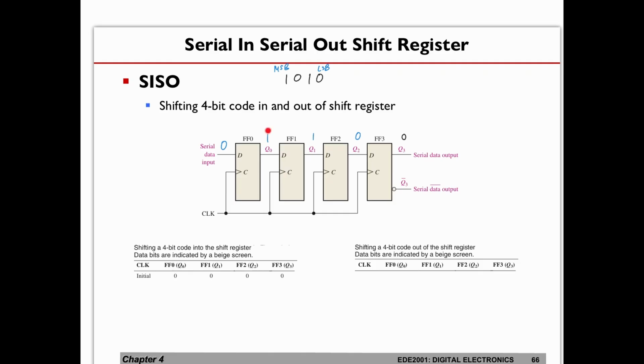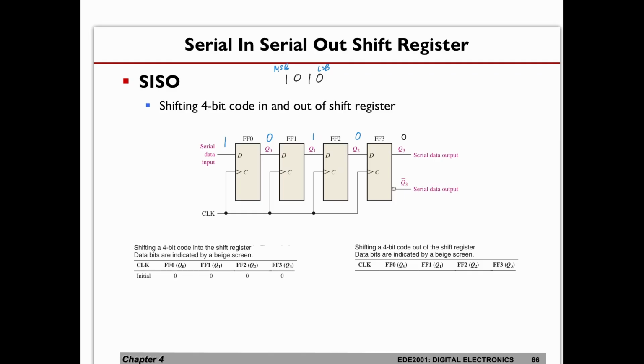And for flip-flop 0, the output will now become 0 because its input is 0. Now before the next clock cycle, the MSB, which is 1, is fed to the input of flip-flop 0, right?